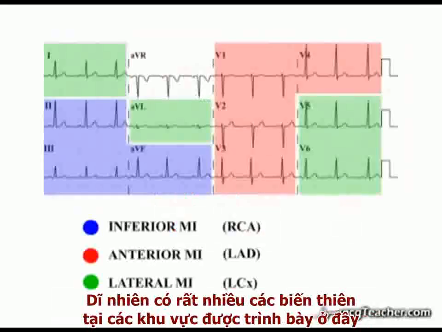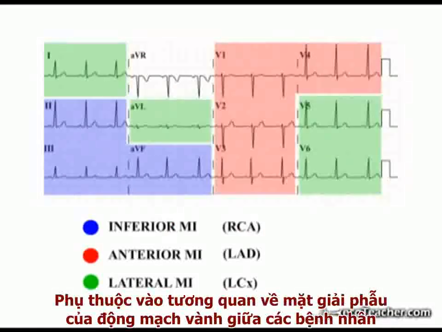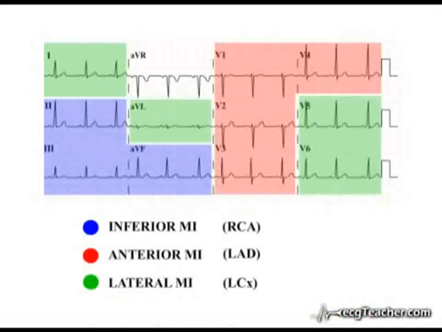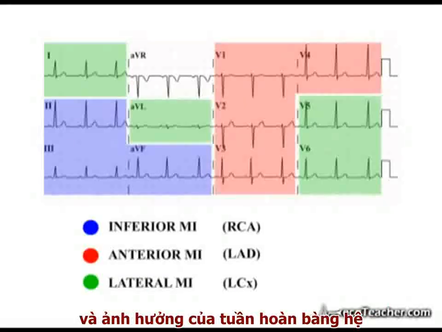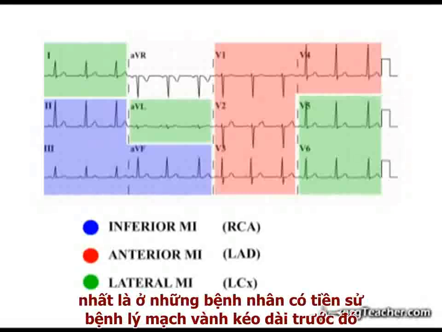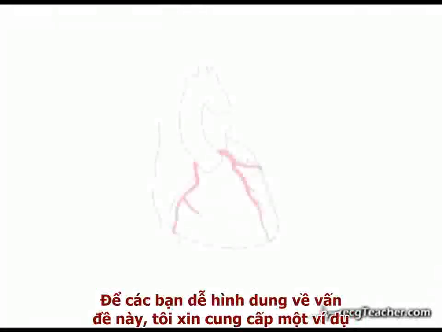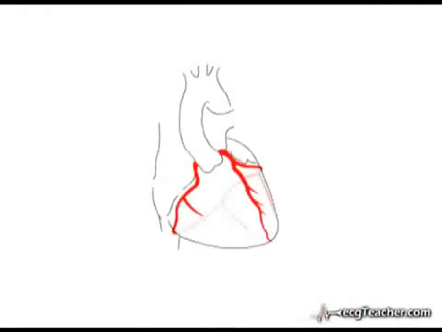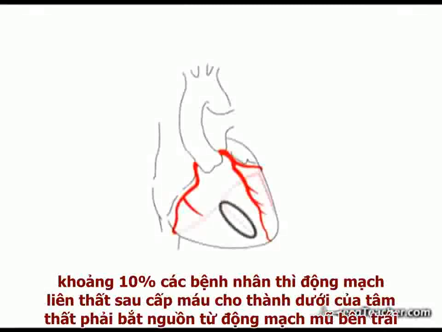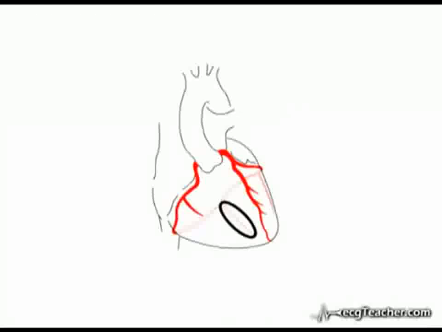Of course, there are many variations on the basic correlations outlined here, depending on the variation in coronary artery anatomy between individuals and the impact of collateral formation in patients with a long history of ischemic heart disease. To give you one of many examples of the former, in 10% of individuals, the posterior descending branch supplying the inferior surface of the heart arises from the left circumflex artery rather than the right coronary artery.